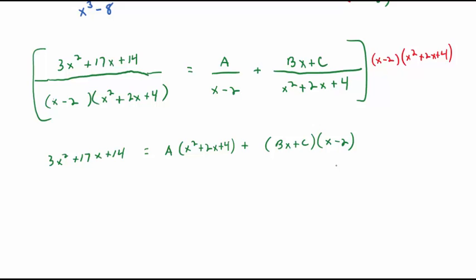Does that make sense? So multiply out the right side for me. I'll get you started: ax squared plus 2ax plus 4a. And then you guys do the tough one.